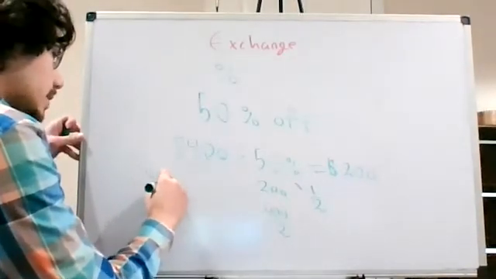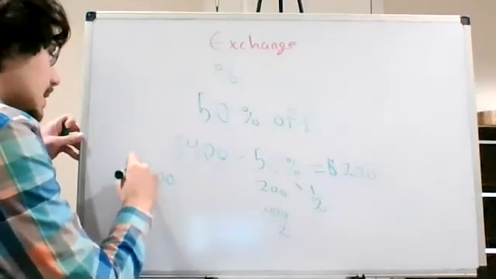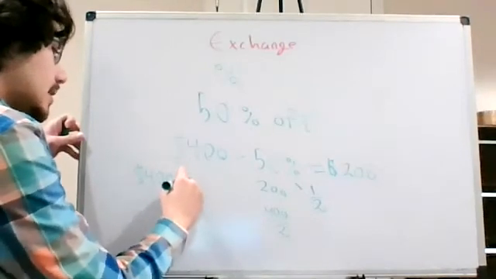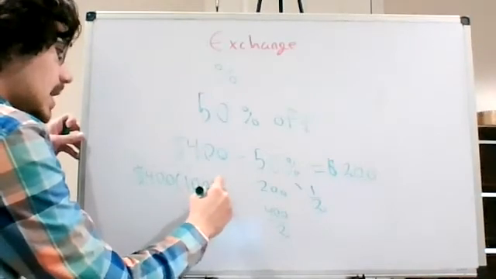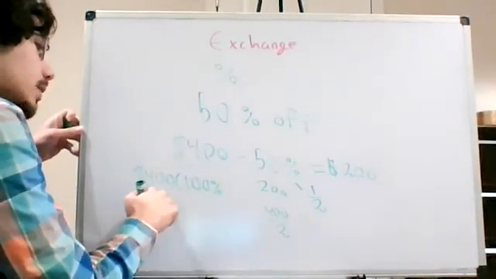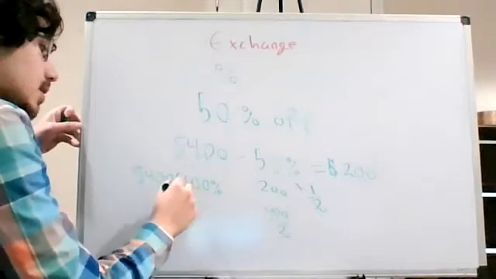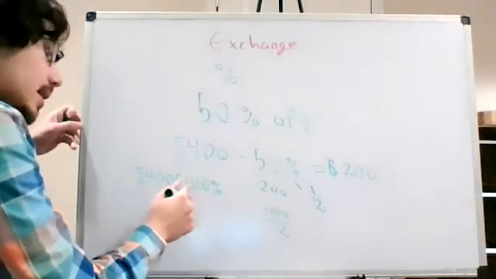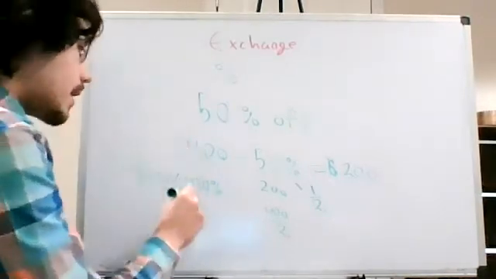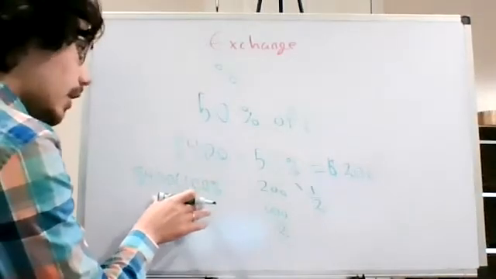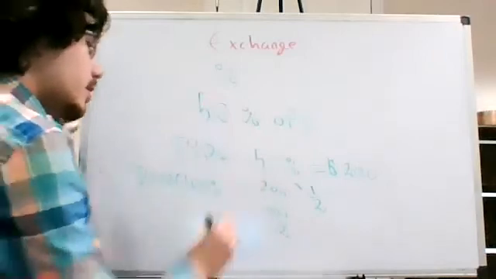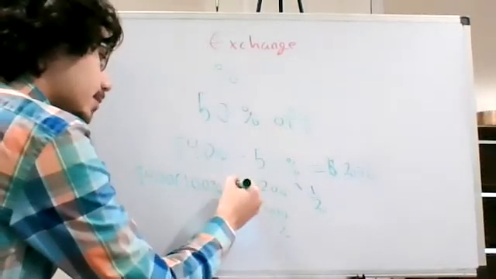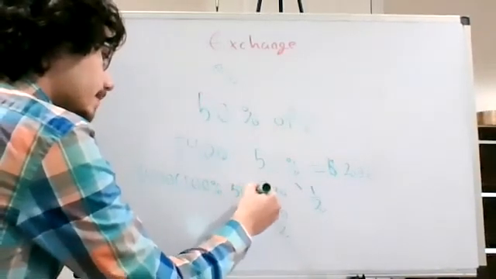So $400 is 100% of itself. In this equation, multiplying 400 times 100%, because 100% is just 1, means this is just stating 400. When you subtract 50%, what you're doing is subtracting 50% from this 100%.